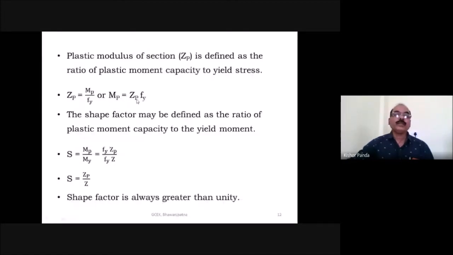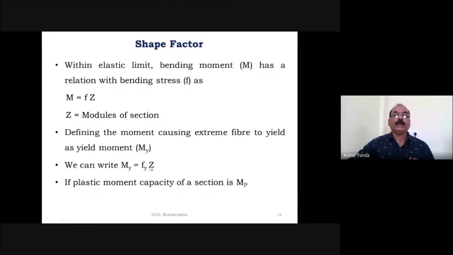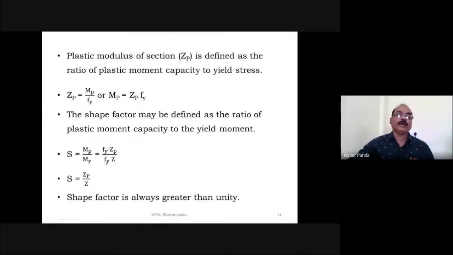So the shape factor is the ratio of the plastic moment to the yield moment, Zp into Fy divided by Fy into Z. Here Fy and Fy cancel each other, and the shape factor is equal to the plastic section modulus divided by the section modulus. You can say the ratio of the plastic moment to yield moment is known as the shape factor, or also the plastic section modulus to section modulus is called the shape factor.